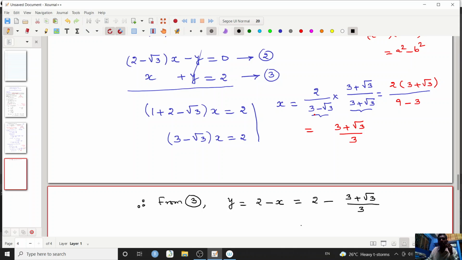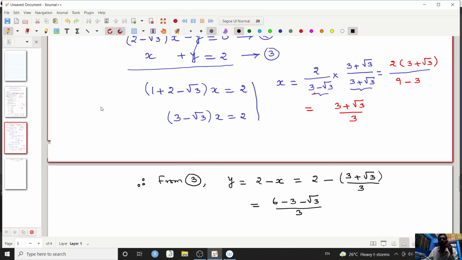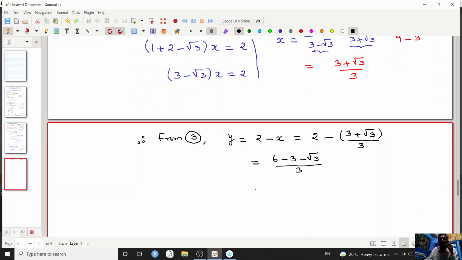So when you simplify this, 3 2s are 6, take the LCM, minus 3 minus root 3, this minus is common for both. So this is 3, and what do we get here? This is 3 minus root 3 by 3. So this is our y.